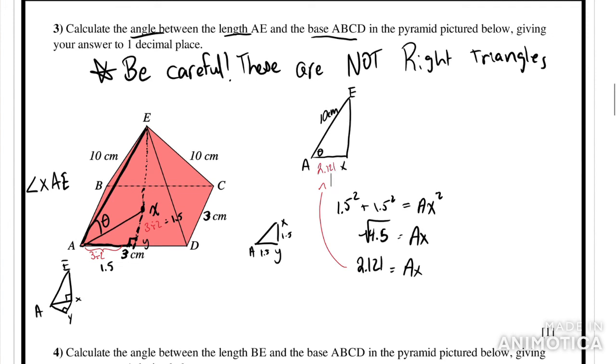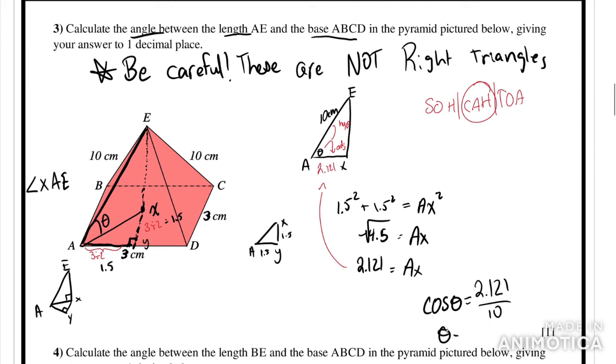So now I'm solving, I have an adjacent and I have a hypotenuse. So from my SOHCAHTOA, I'm going to be choosing cos. So cosine of my angle is equal to adjacent divided by hypotenuse, so it's 2.121 over 10.